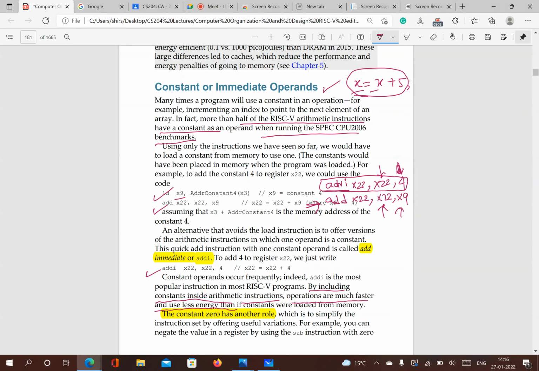As researchers, every day we are trying to reduce the energy consumption of a computer. So reducing energy consumption is a challenge, and if there is any opportunity by which we can reduce energy consumption, we'll always go for it, because you know how important energy consumption is today.